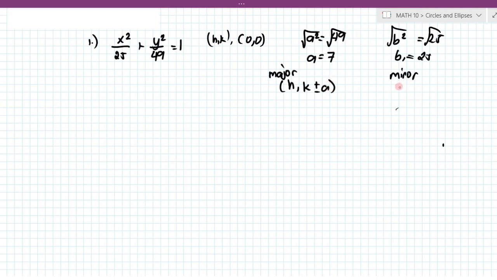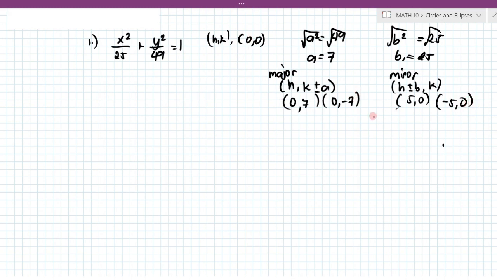And for the minor it is h plus minus b comma k. Since h is 0 and our k is also 0, one of our vertices is 0, 7, and the other one is 0 and negative 7. On the other hand, our minor vertices are 5, 0, and negative 5, 0.